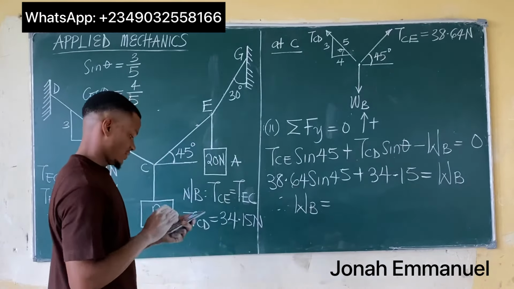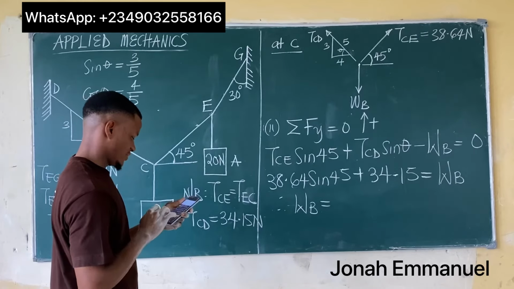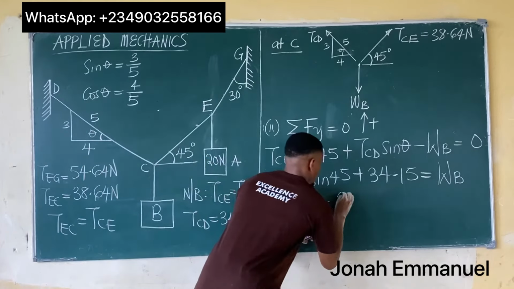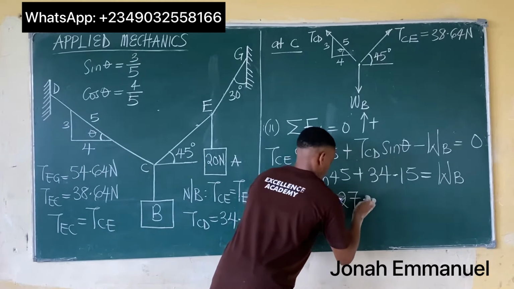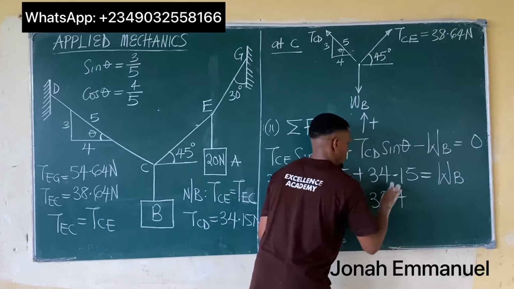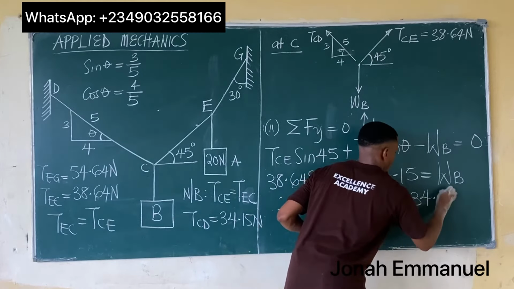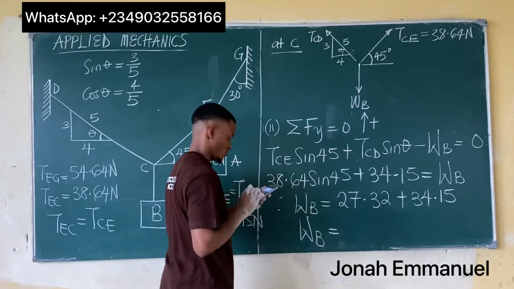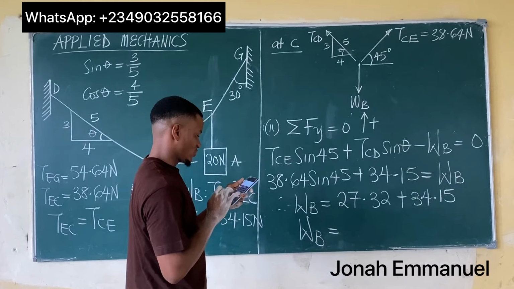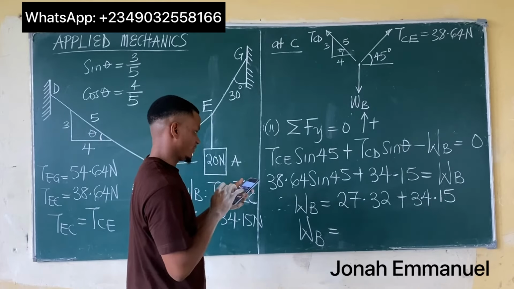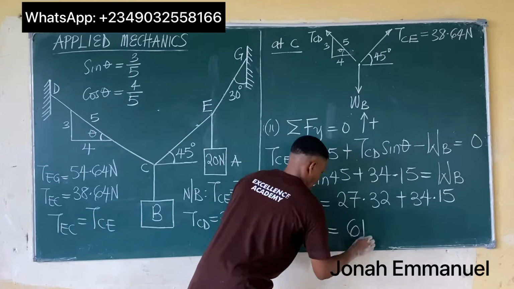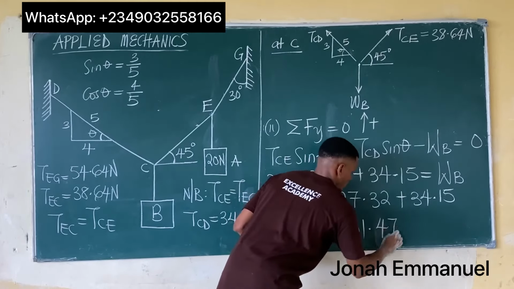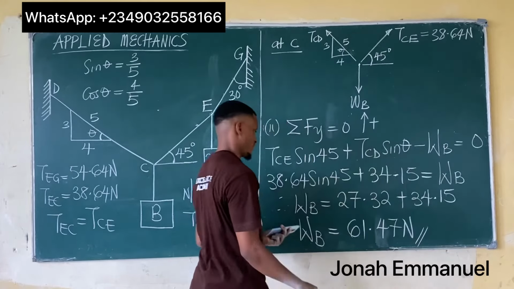That's about 38.64 sine 45, I have 27.32, plus this one here, 34.15. So the weight at B is equal to 27.32 plus 34.15. That's equal to 61.47 Newton.